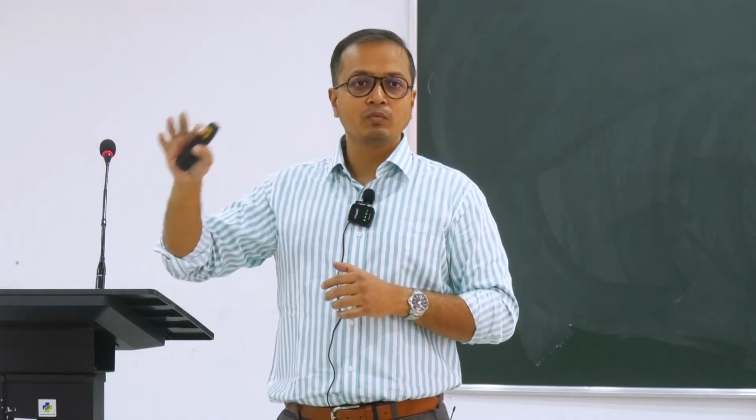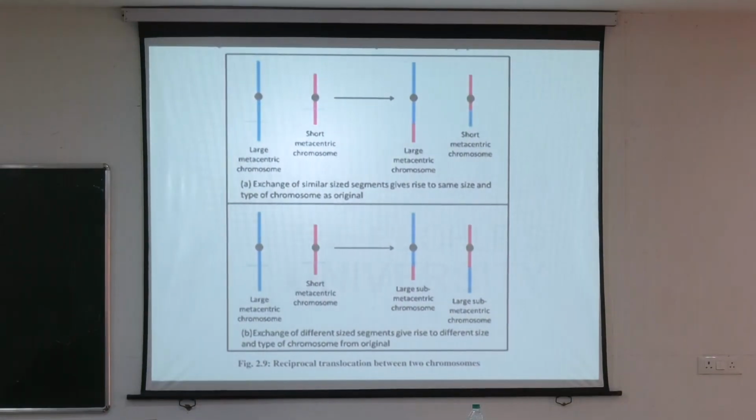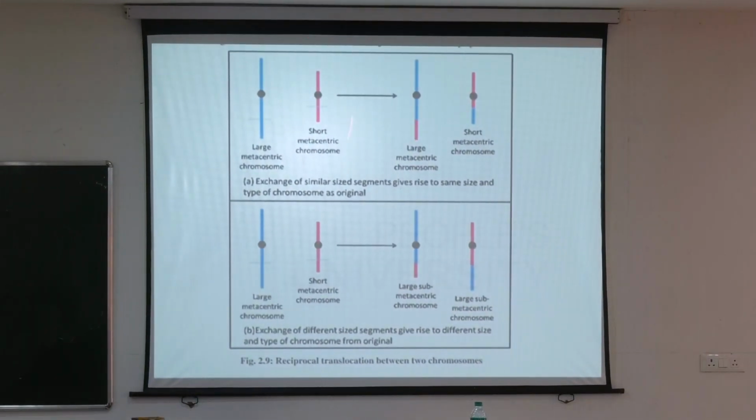The length of the chromosomes may or may not be the same. Let's take this example which clears the doubts about what I am trying to say. This is a translocation known as reciprocal translocation, exchanging between the 2 chromosomes. More or less an equal amount of genetic component is exchanged.